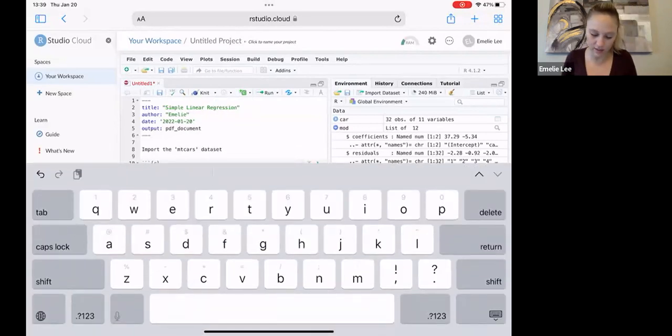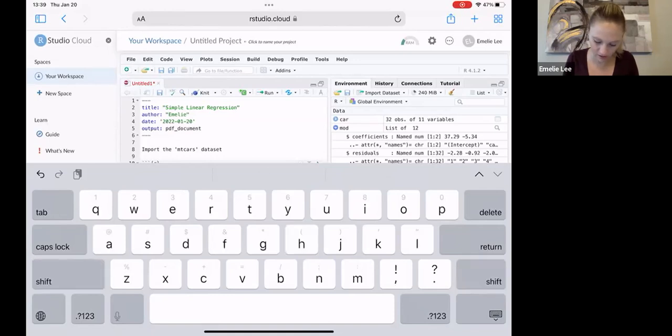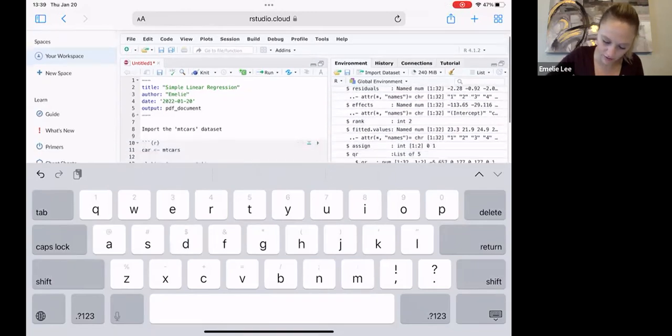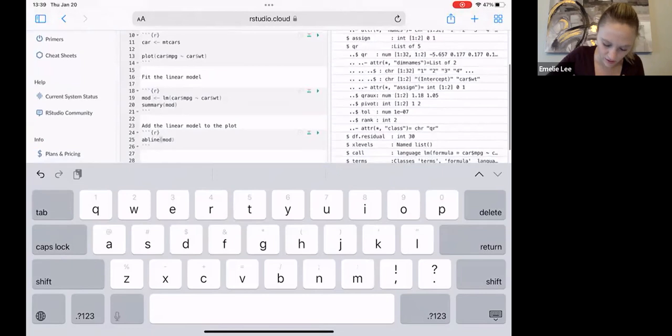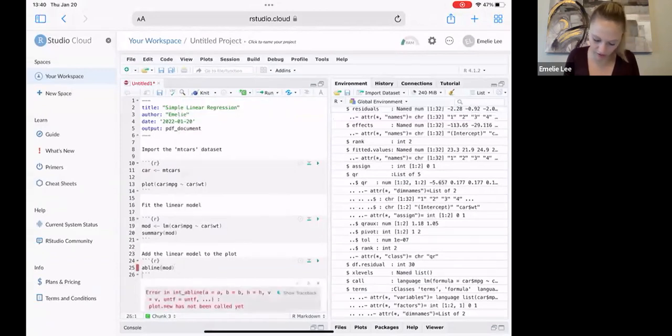I think it's abline, abline of mod. I think, and now I'm just kind of going by memory, but that's okay. Should work.